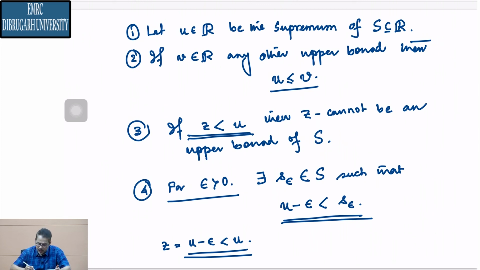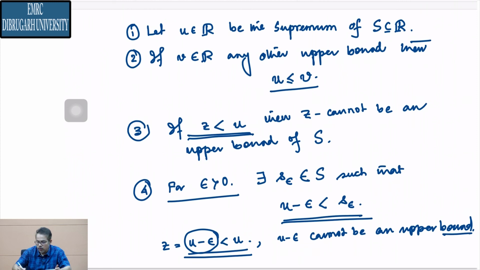Then Z cannot be an upper bound, that means U minus epsilon cannot be an upper bound, so at least one element from S will be greater than U minus epsilon.